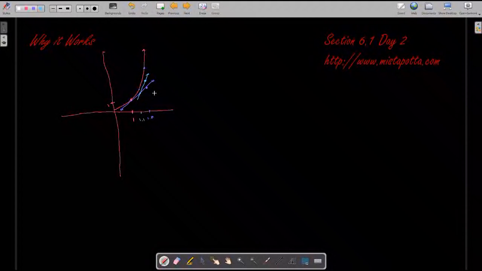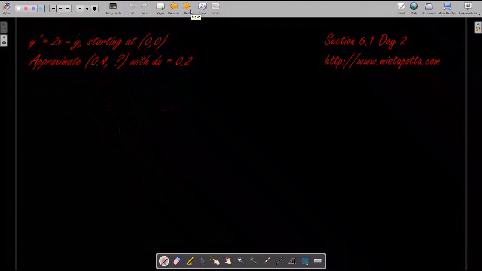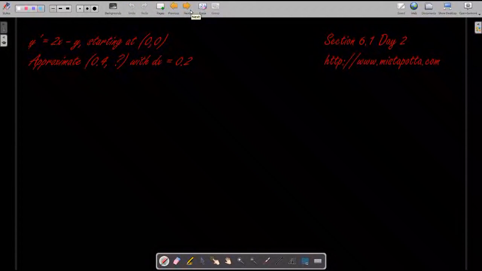Now, as I've mentioned before on the past few pages, I'm dealing with a very simple derivative, and it has a very easy solution to determine. But I can use this with any formula for y prime.